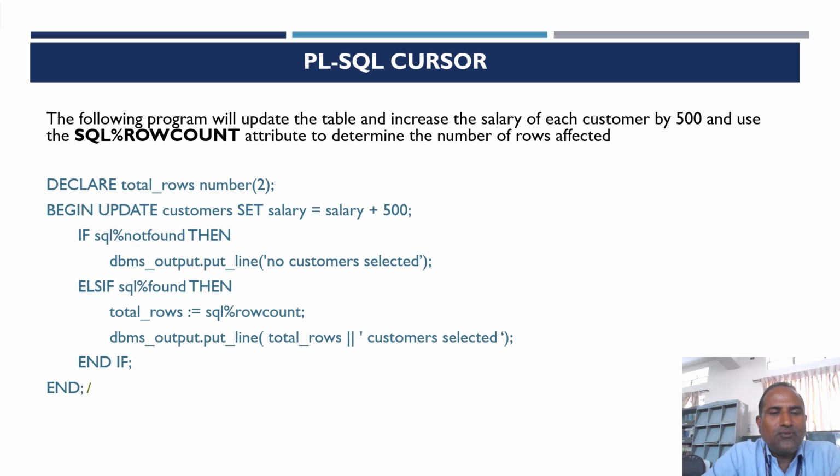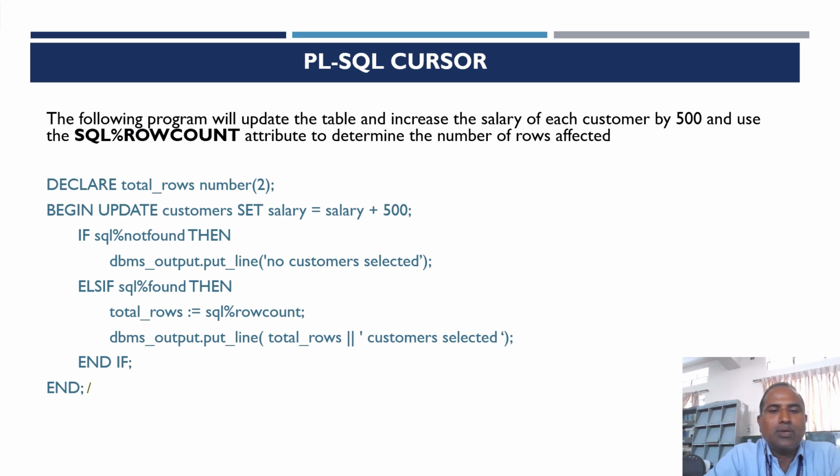After that, if SQL%NOTFOUND, that is, if the table is not present, it will print 'no customers selected'. Else if SQL%FOUND, meaning we have updated the salary using that query, then total_rows is set to SQL%ROWCOUNT.